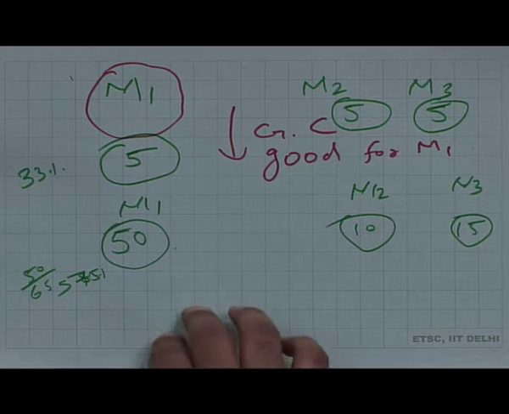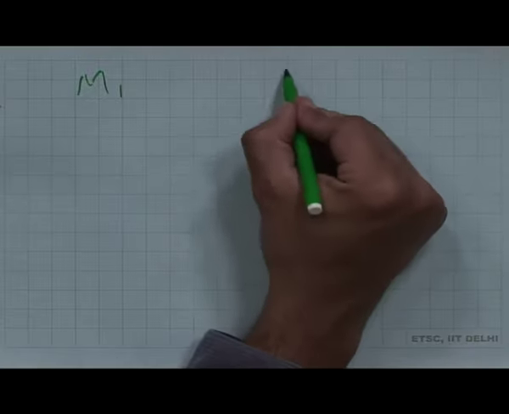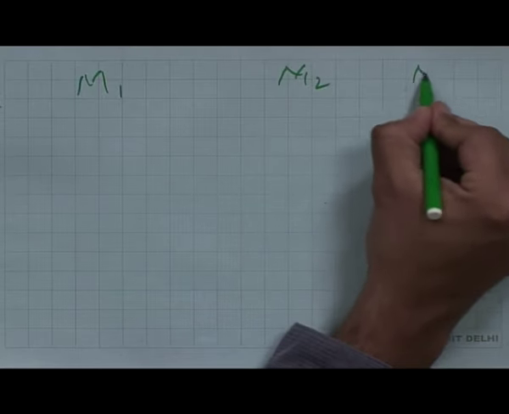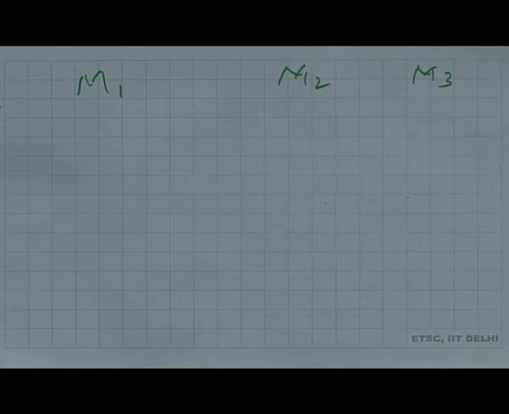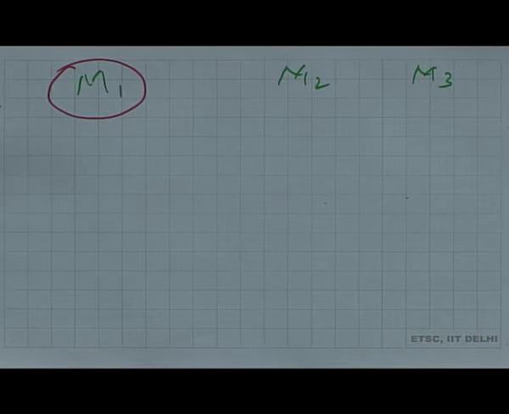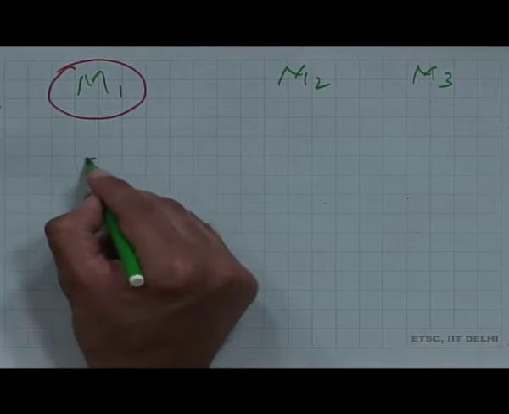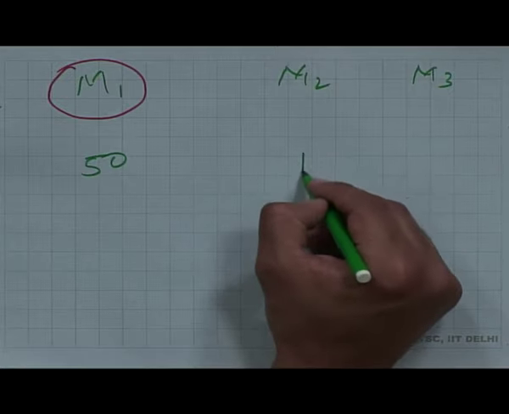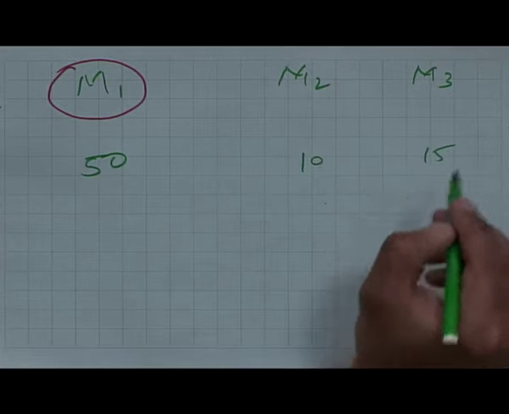Okay. Now, let us say we have M1, M2, M3. We want M1. Now we have 50, 10, 15.